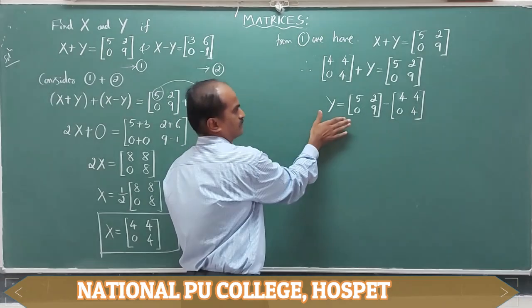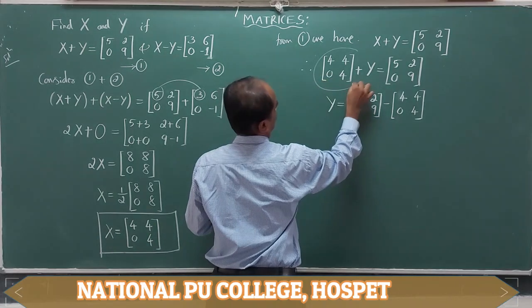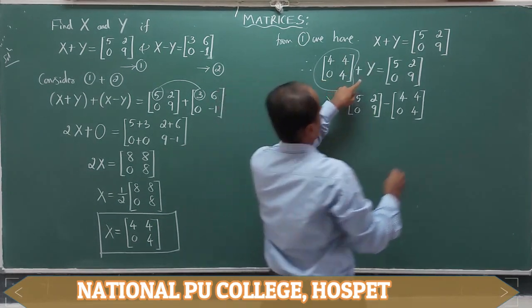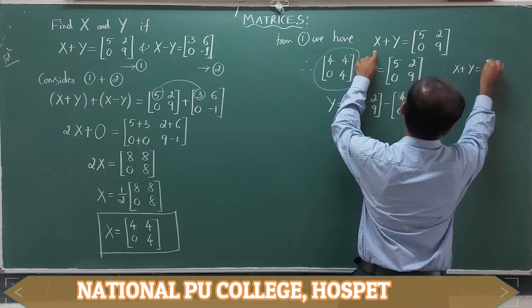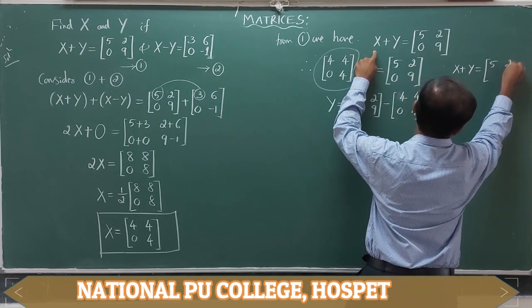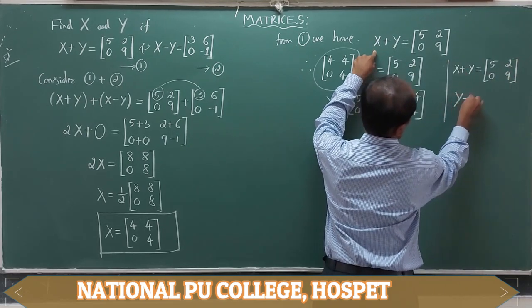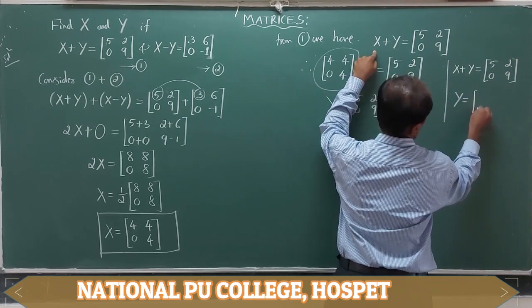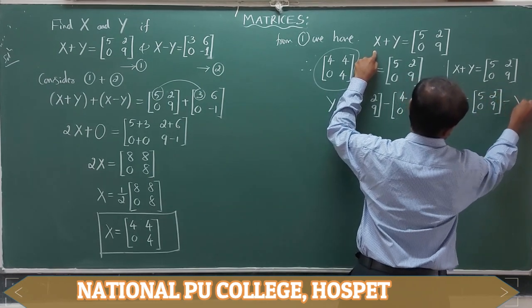I hope you get an idea how we are able to write this. Here we have X plus Y equal to that matrix. Then we need Y, so Y equal to 5, 2, 0, 9 minus matrix X.